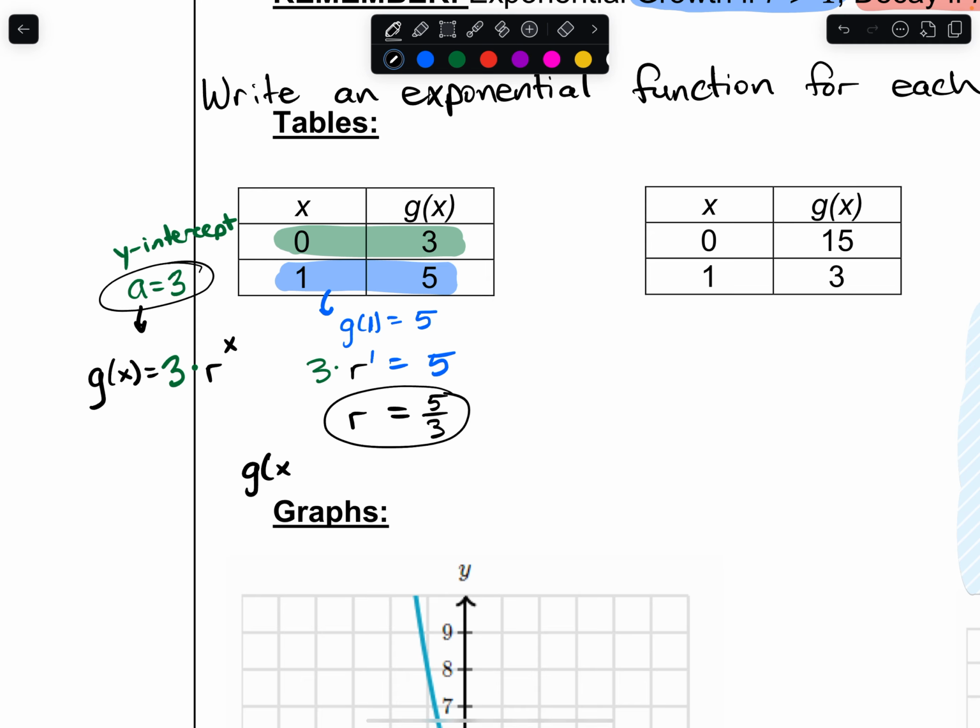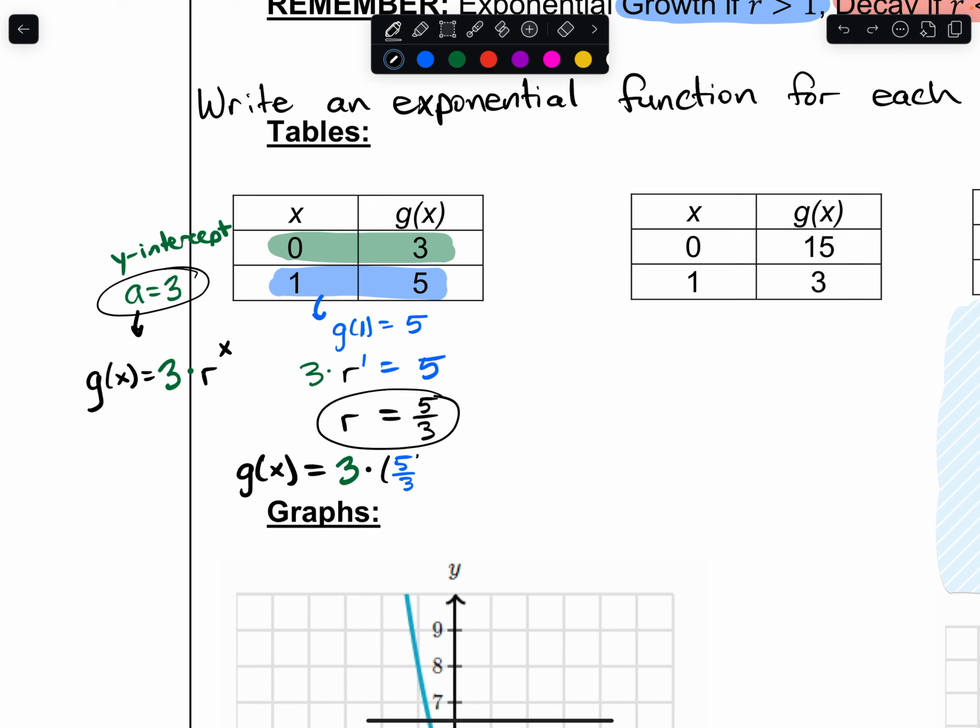So the function that matches this table is the function g of x equals 3 times 5/3 to the power of x.